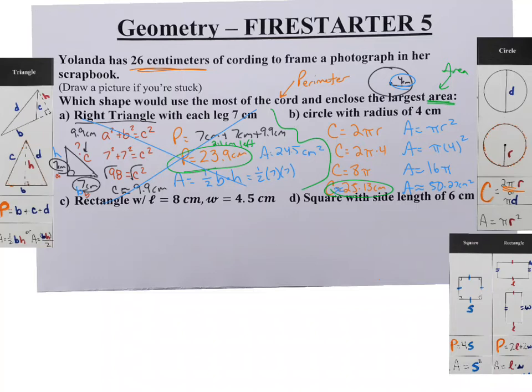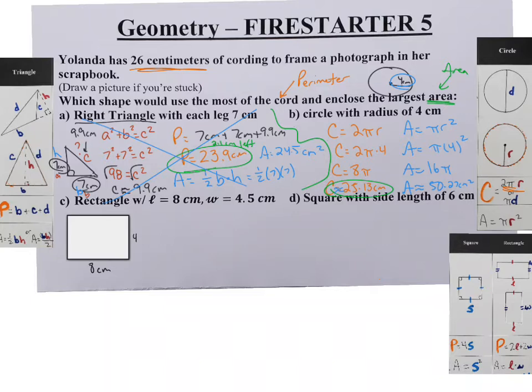So right now we like B. All right, C. So once again, I'm going to draw my picture. Hopefully I'm going to have a better picture than that, or I'll just cheat and do this. Now, my length is 8 centimeters.